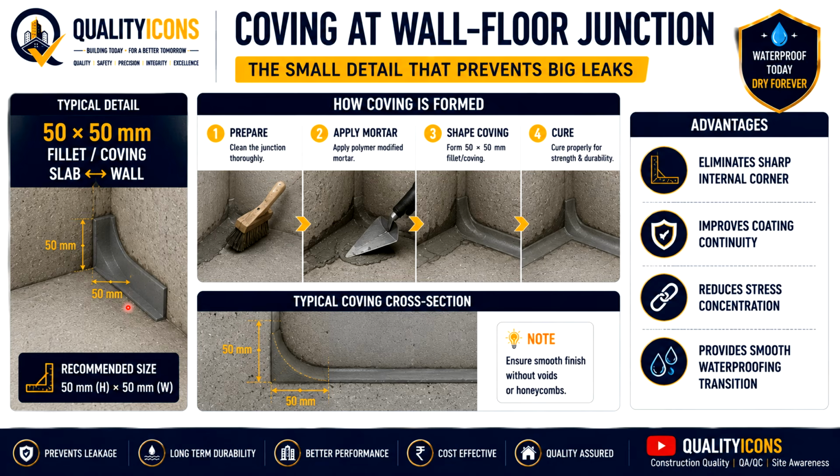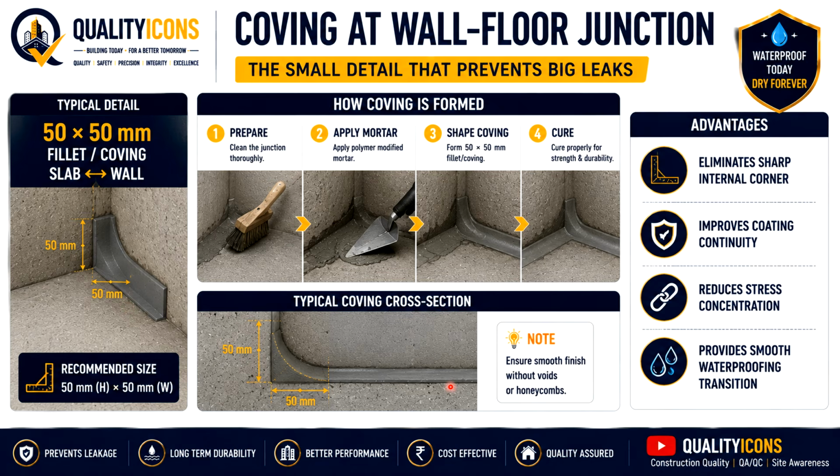The project methodology indicates a typical 50 by 50 fillet or coving or 75 by 75 fillet or coving, subject to actual site conditions and approved details. The coving provides a smooth transition between floor and wall and helps maintain continuity of the waterproofing layer.